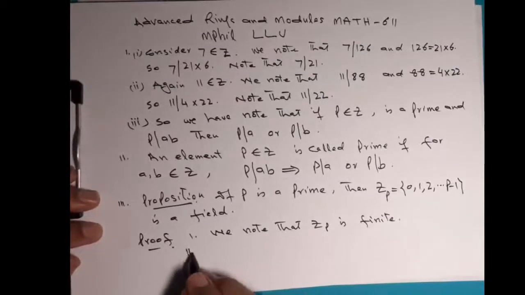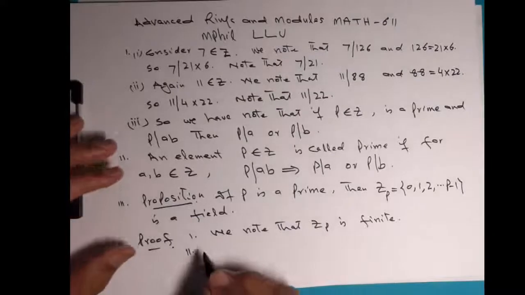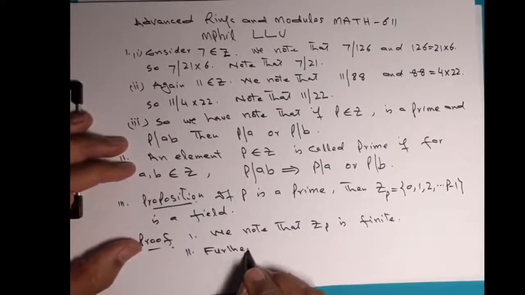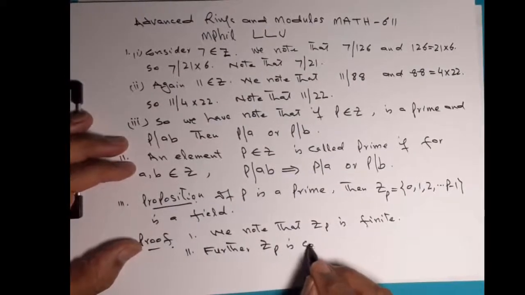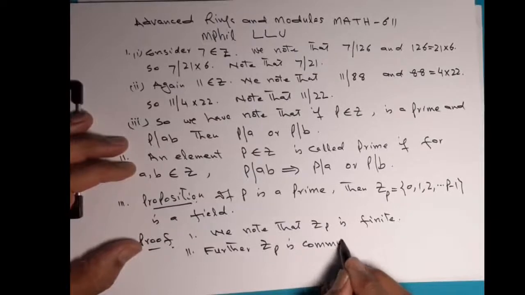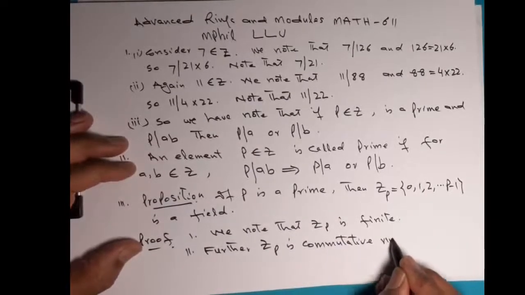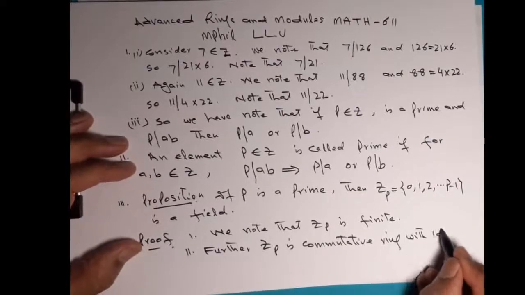Secondly, we note that Z_P is a commutative ring with identity, with multiplicative identity.